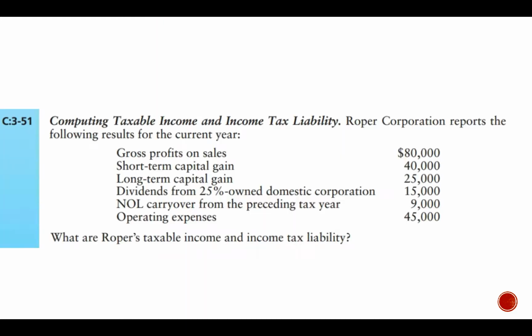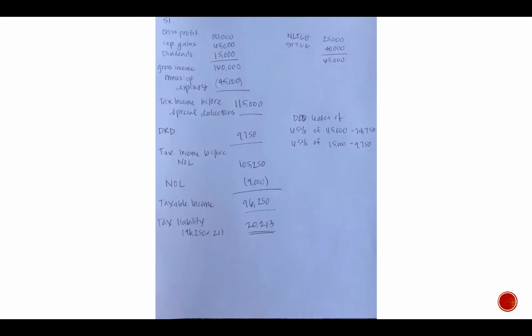And here we own 25% of this corporation, so the 65% limit is going to apply. The dividends received deduction is the lesser of 65% of the dividend, which is $15,000, or 65% of our taxable income before special deductions, which is $115,000.